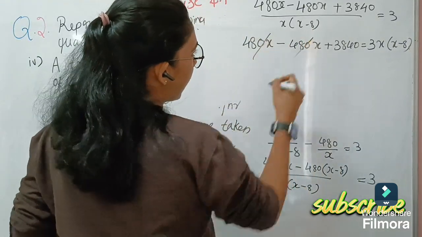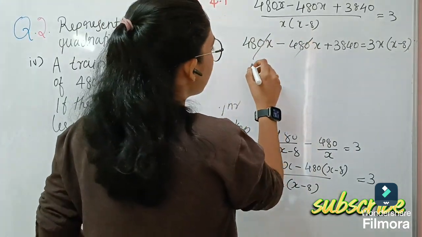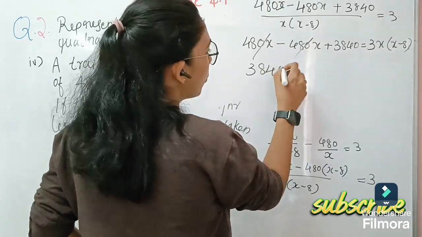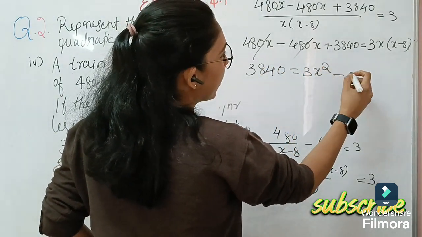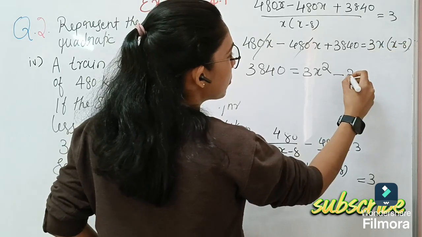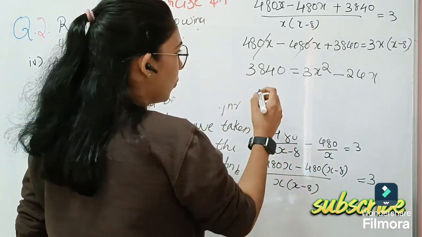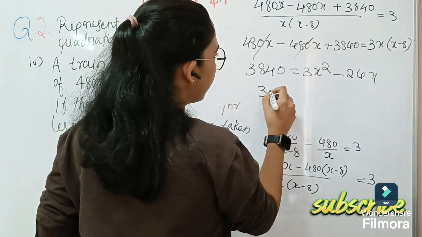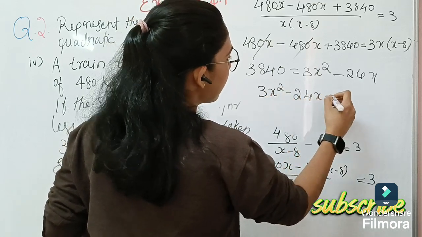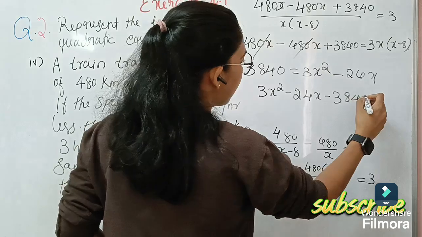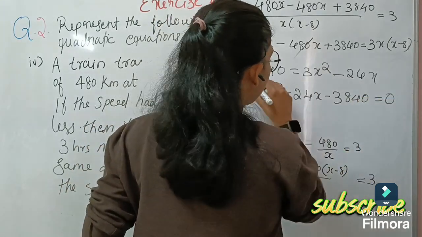These terms become 0. So 3840 is equal to 3x square minus 8 times 3, which is 24x, which means 3x square minus 24x minus 3840 is equal to 0.